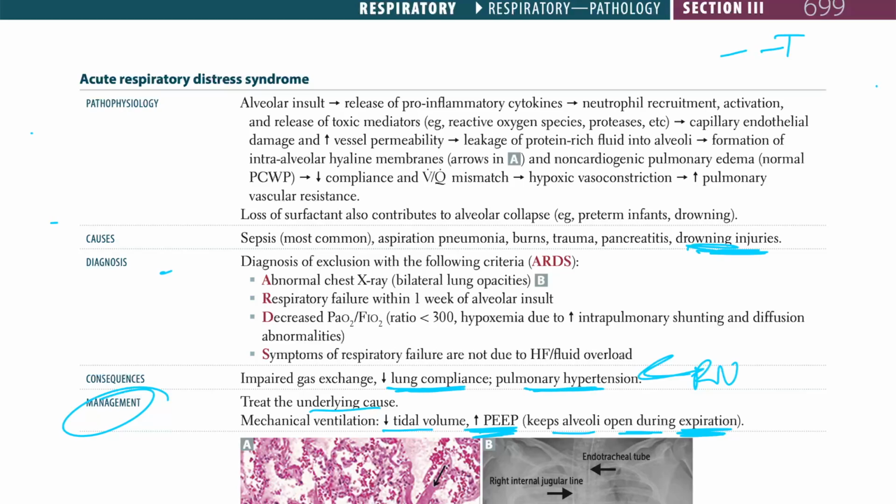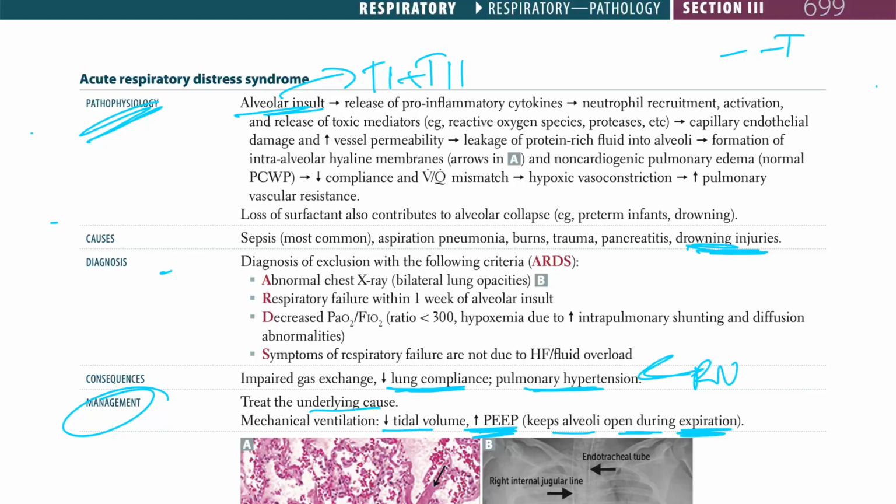So here, in alveolar insult, if you recall, you have type 1 and type 2 cells, right? There's an injury to the pulmonary epithelium and the endothelium.